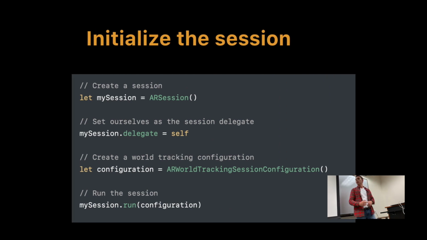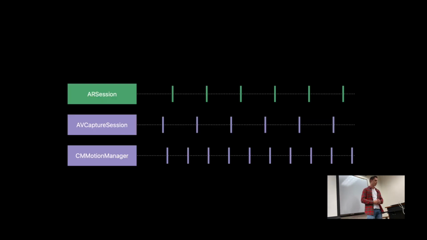So these 4 lines of code are basically how you initialize your session. You just write those and you're good to go. You have your AR experience. This is all we need to do, and I'm going to demonstrate that in a minute.